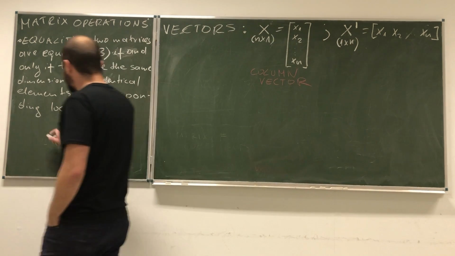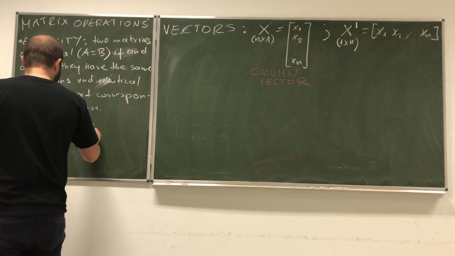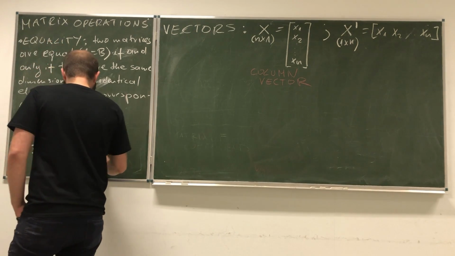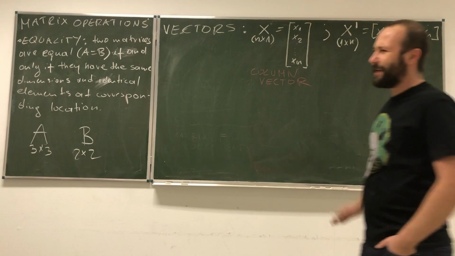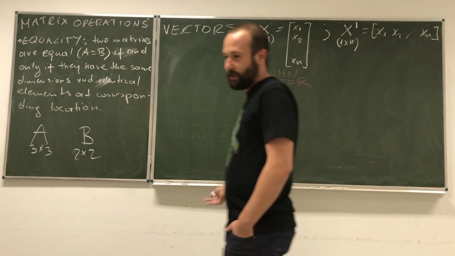So look, if I have matrix A that is 3 by 3 and matrix B that is 2 by 2, then I don't even need to look at anything else. They are definitely different because they just have different dimensions.